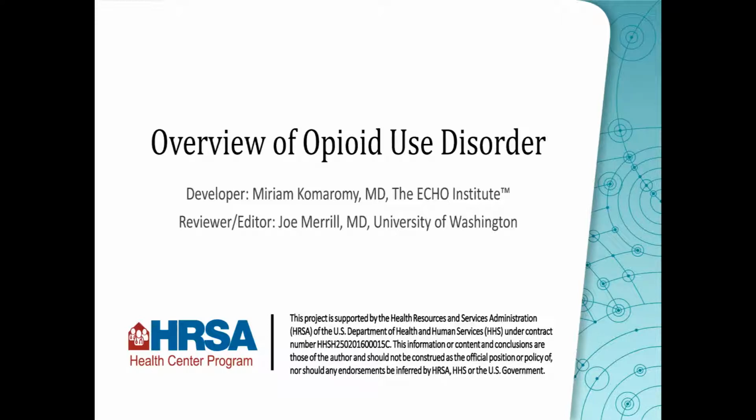Now, interestingly enough, injecting heroin several times per day, just in and of itself, would not meet criteria for opioid use disorder, if it was just somebody injecting heroin multiple times a day. Now, if it's somebody injecting heroin multiple times a day because they've built dependence and they have withdrawal, that would be something that would meet the criteria for the use disorder.